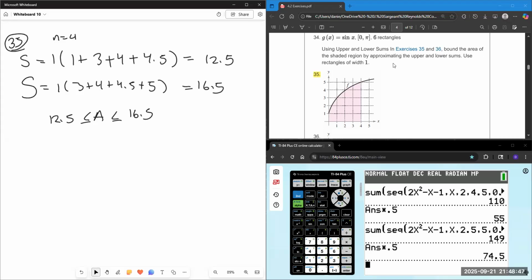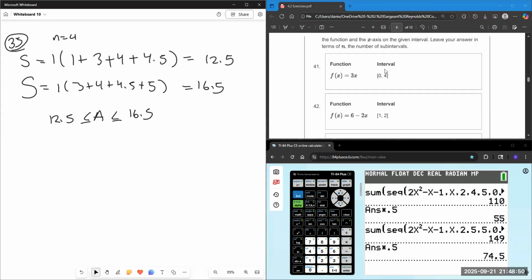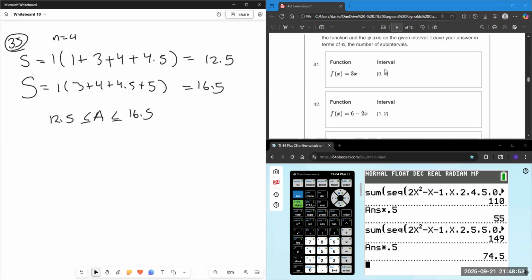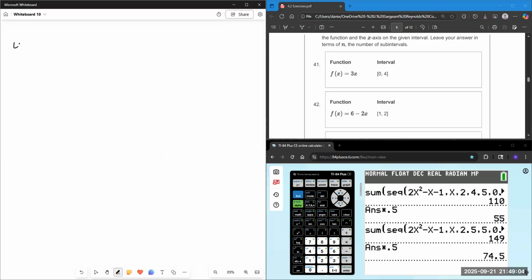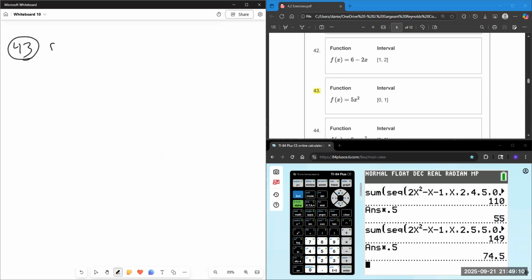All right, let's look at 43. And 43 is going to be my last one for this first video. We have f of x is equal to 5x squared on the interval 0 to 1. And we want to find the estimate using n rectangles and using our left and right endpoints for estimates.